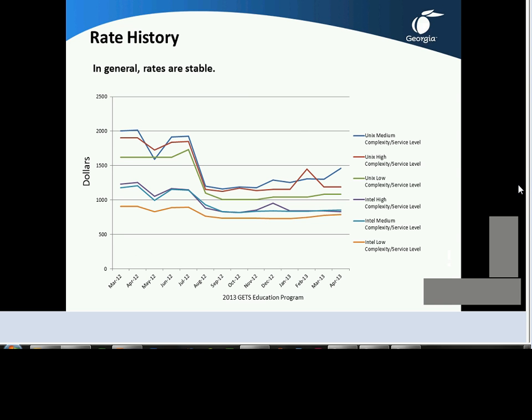Now let's take a slight turn here, and we always like to review the rate history because it's important to note that you can budget for your services from GET, and this slide shows that historically the rates are stable.